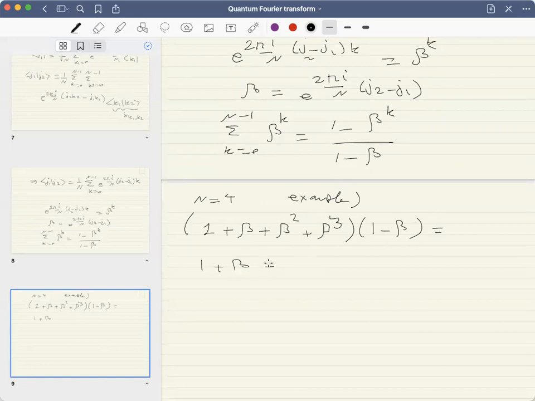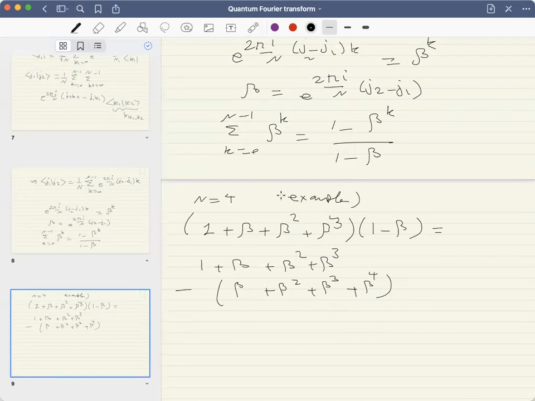So 1 times that gives me all the terms. Then I get minus beta times that, which essentially shifts the exponents by 1. So 1 times beta becomes beta, beta times beta becomes beta squared, beta squared becomes beta cubed, and beta cubed becomes beta to the 4th. So we see these terms cancel one by one. So the only things that remain are 1 and minus beta to the 4th.